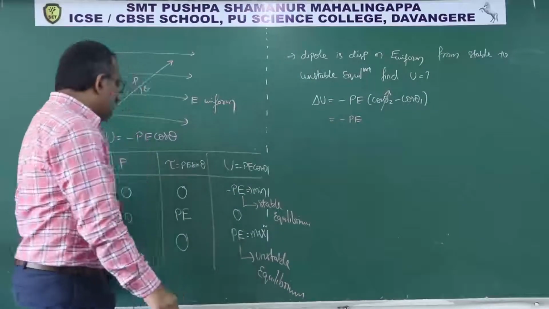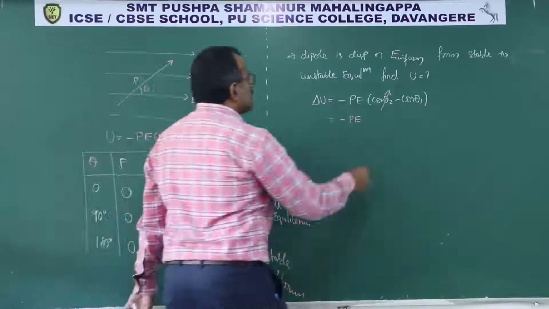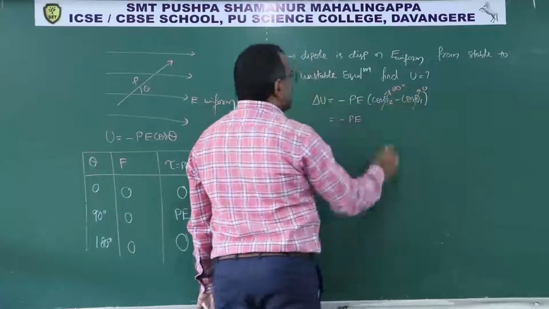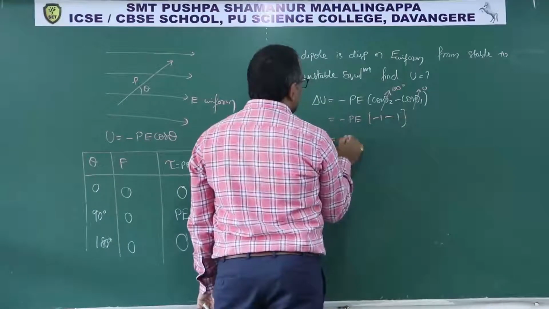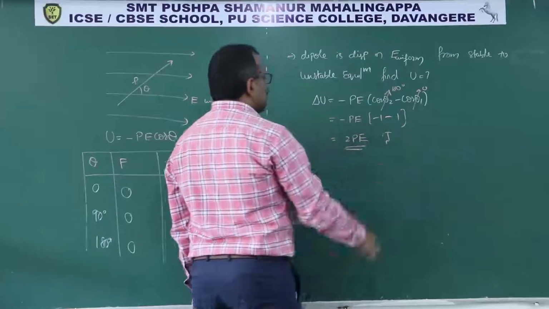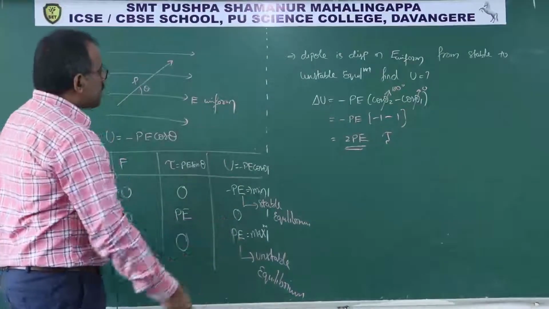Unstable means 180, stable means 0. So this is 180 and this is 0. Cos 180 is minus 1, cos 0 is 1. So this will be 2 P E, the potential energy in joules. This is all the story.